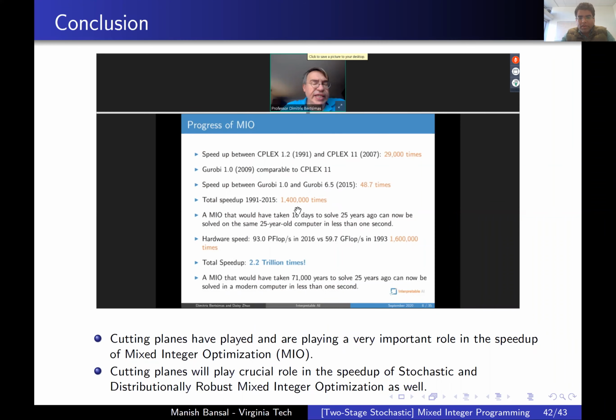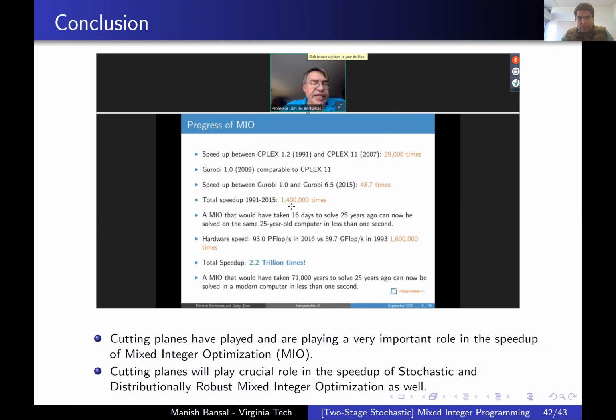The total speed up is being calculated as, again, I haven't verified these numbers because I didn't know about CPLEX 1.2, but let's say the total speed up is 1,400,000 times.